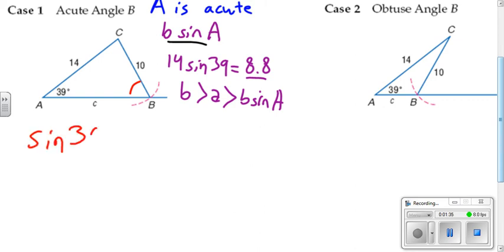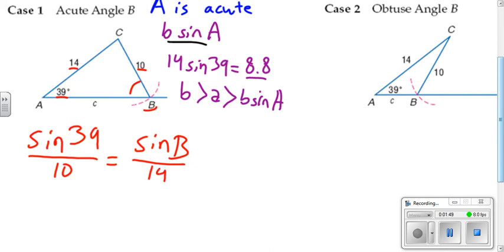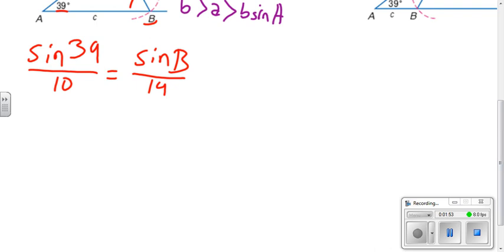Sine 39 over 10 equals the sine of B, this angle here, over its corresponding side, 14. Now to solve for B, get B alone, we can multiply 14 to the other side, so 14 times sine 39 all over 10 equals sine of B.